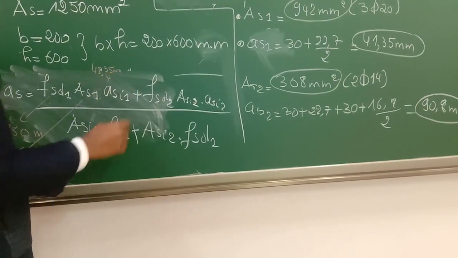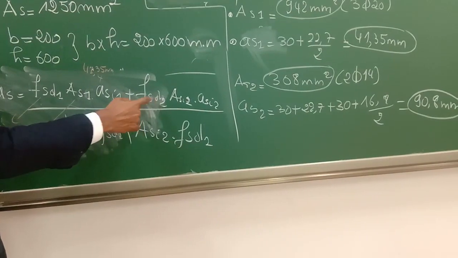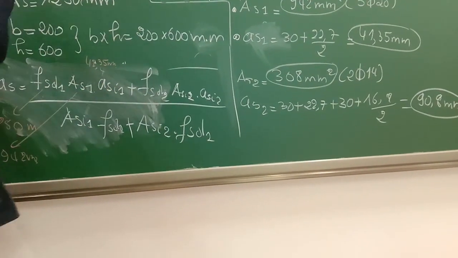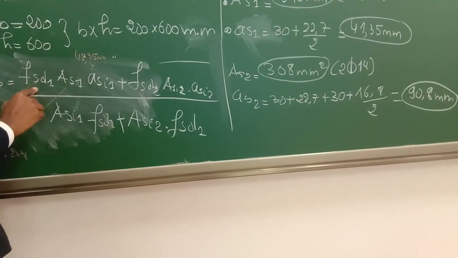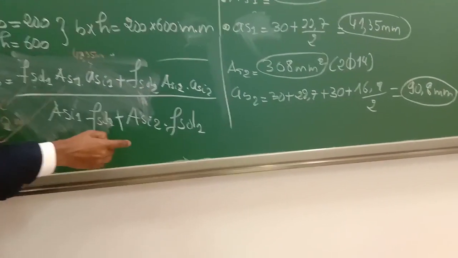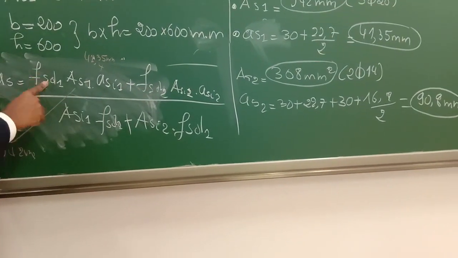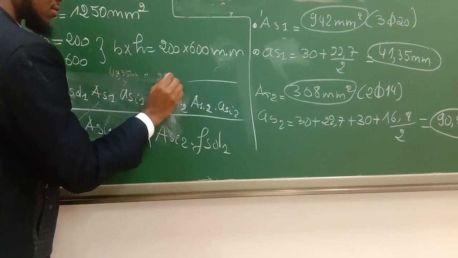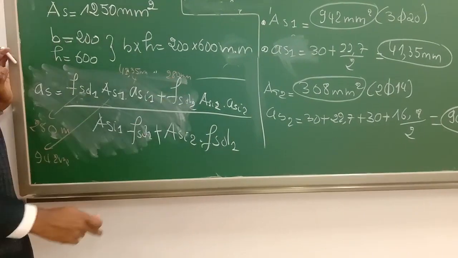So FS2, FSD2. We say that as we use the same steel, FSD1 equals FSD2. So here also it is the same value, 280 millimeter.